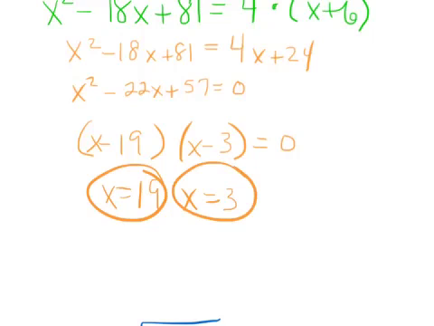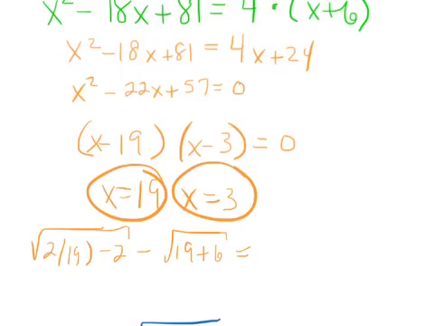We have two answers, but do we have two solutions? We don't know yet. Let's go ahead and check. So, checking in our original, it looks like the following. Radical 2 times 19 minus 2, minus 19 plus 6 equals 1.